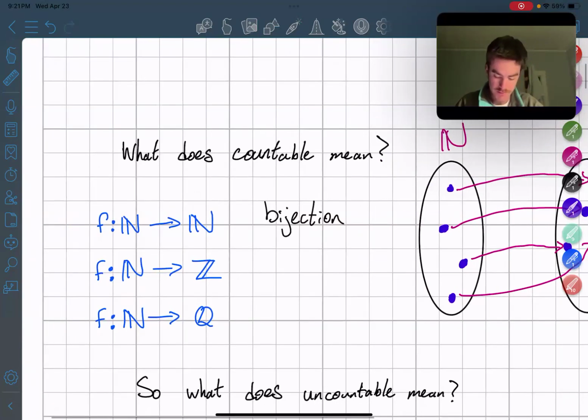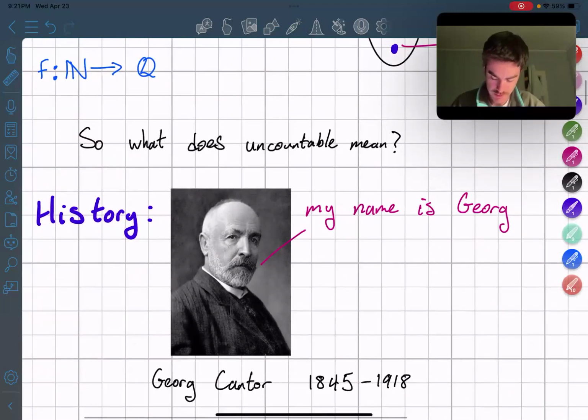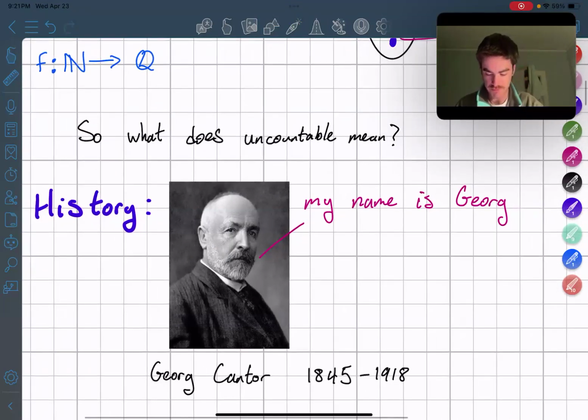All right, so what does uncountable mean? A little bit of history for you. This is George Cantor, not Jorg, just George. He was the one that came up with even the concept of countability, because before that, all concepts of infinity were viewed as the same size.